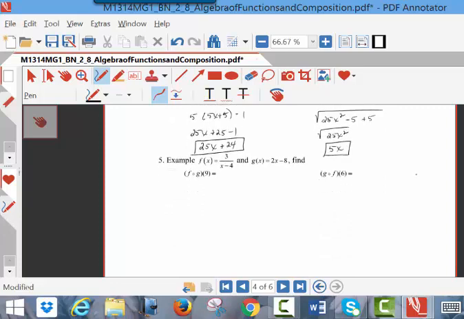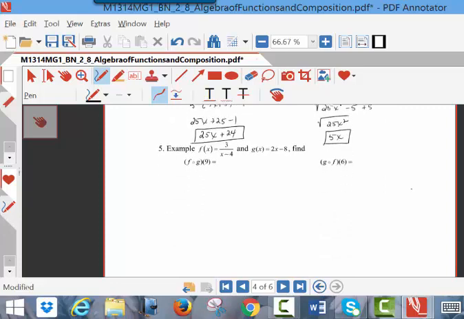Okay, so let's go down to example 5. Now this one's different because now they're not giving me x, they're giving me a number. So when they give me a number, just as with the operations of sum, difference, multiplication, and quotient, the answer is going to be a number. Okay, so this is f of g of 9.